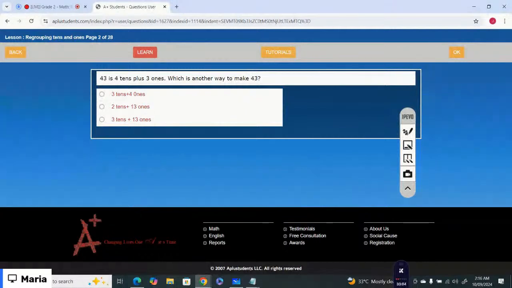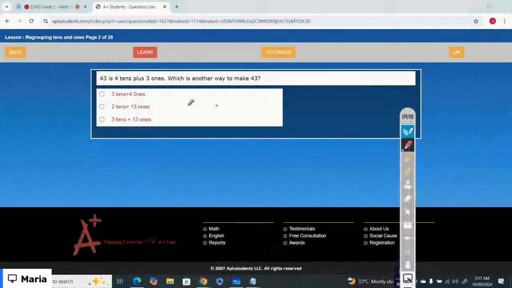The correct option is three tens and 13 ones, right? You have three at the tens position, and in 13 ones, three is at the ones position and one is at the tens position. When you add, they make 43. Option number three is the correct option.